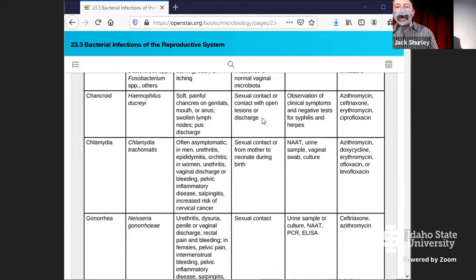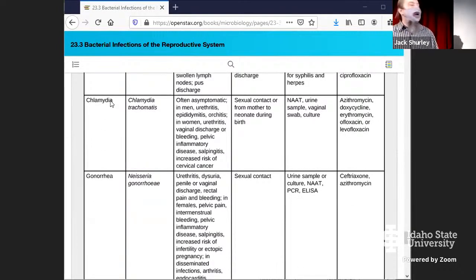So sexual contact or contact with the open lesions are potentials for contracting that. And negative tests for syphilis and herpes clue us in that that's what we're dealing with here, because you're thinking potentially other stuff going on initially before Haemophilus is on the radar.